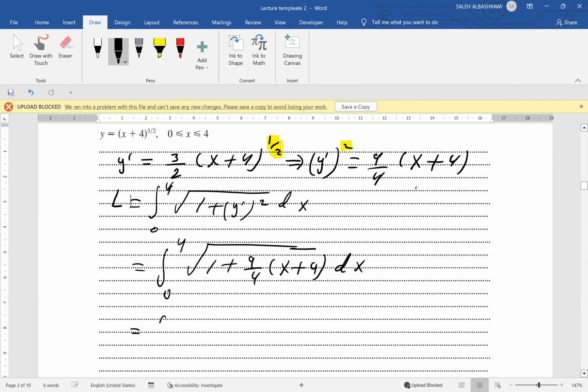I can open the bracket, and I will have the integral from 0 to 4 of the square root of 1 plus 9 over 4 x plus 9 dx. 9 plus 1 is equal to 10, so this is equal to the square root of 10 plus 9 over 4 x dx, from 0 to 4.